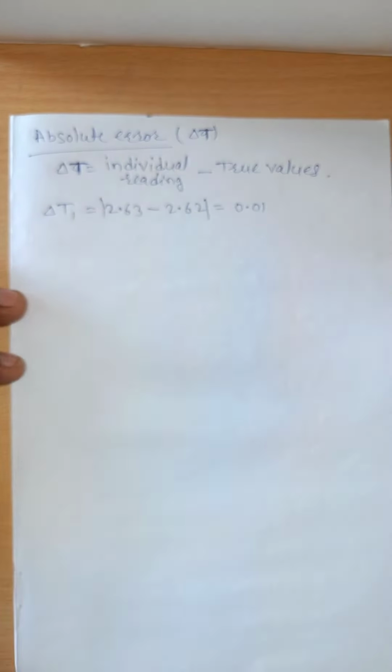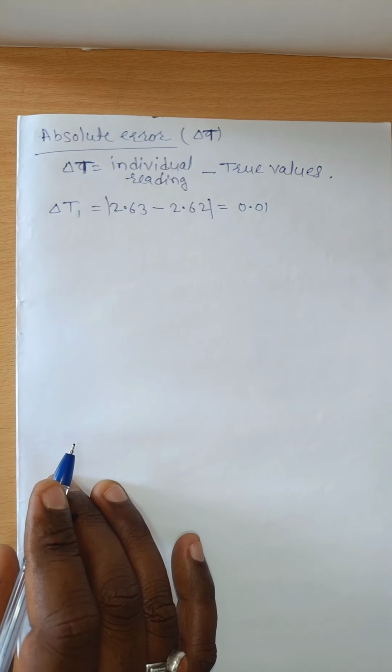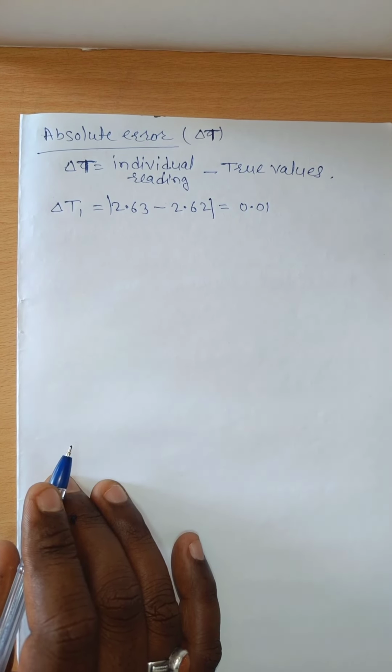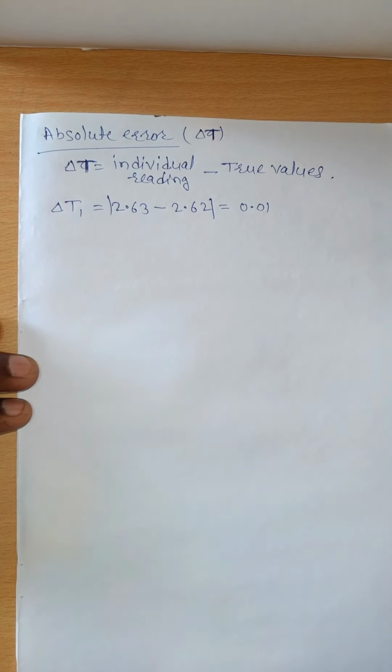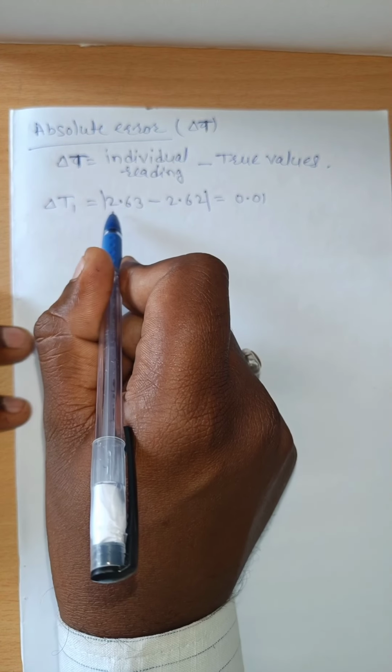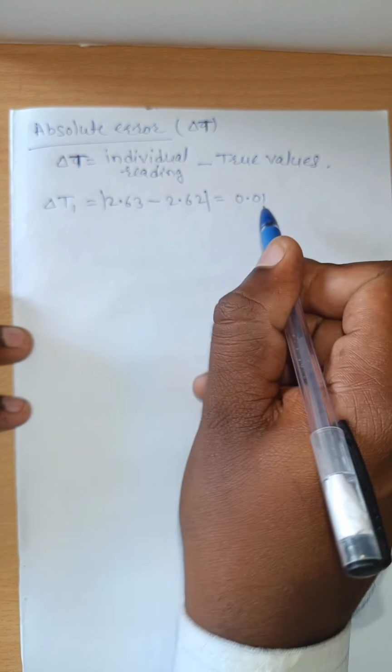Now this is the absolute value, that is the mod. We only take the magnitude, so if you get a negative value, you have to convert it into positive. Therefore delta T1 is equal to 2.63 minus 2.62, which is 0.01.